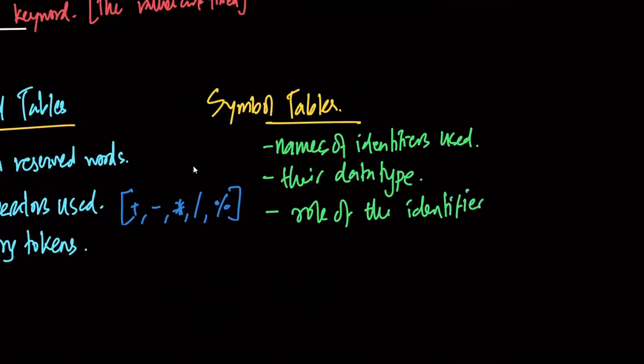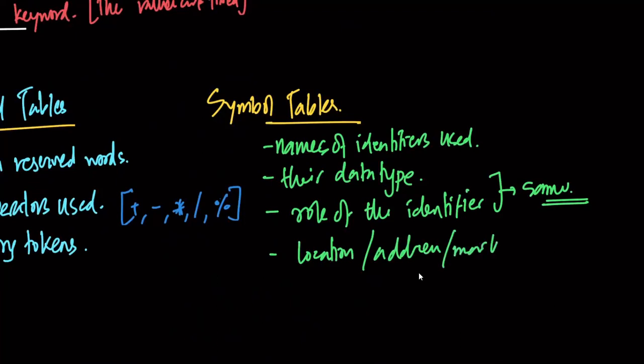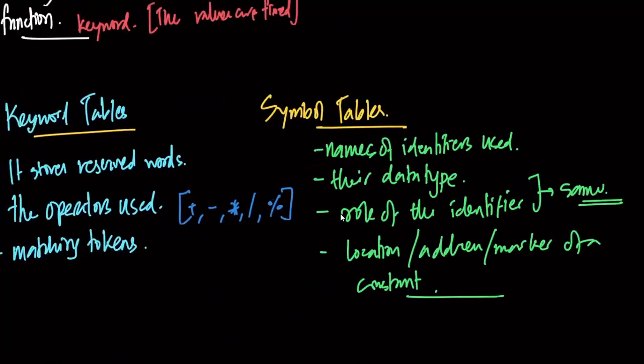Now, roles and data types are pretty much the same thing, all right? But it is a mark scheme point in some years that you actually write it as the role of the identifier or the data type. They're also going to give you the location, address, or marker of a constant. Stuff like these are stored in symbol tables in a program.